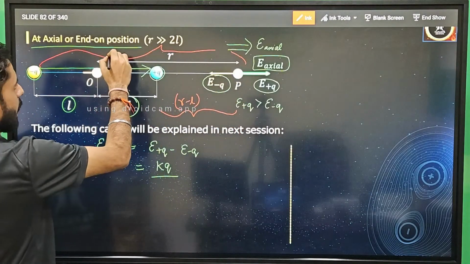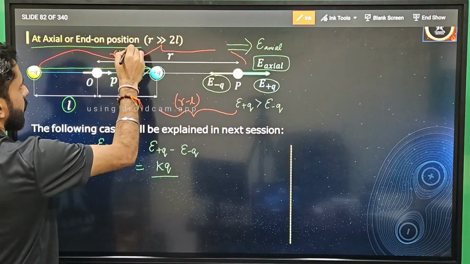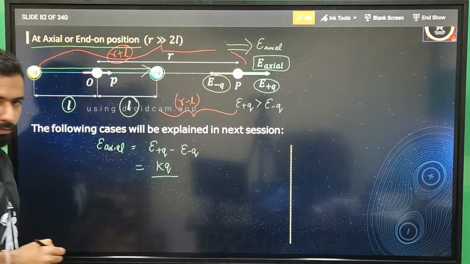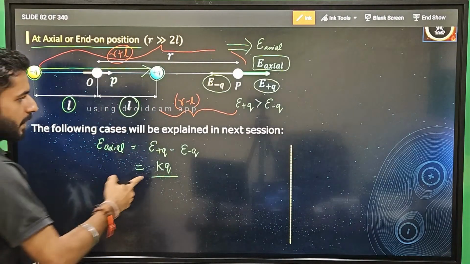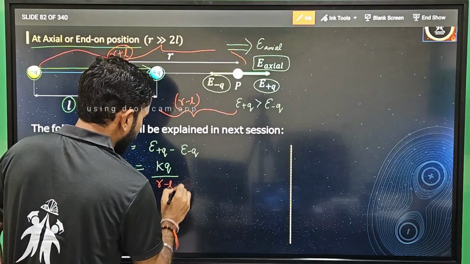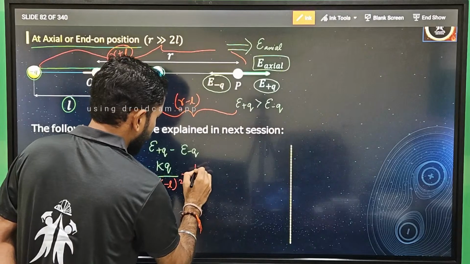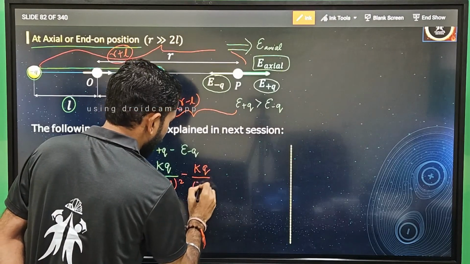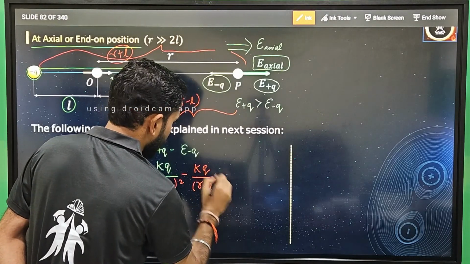This complete is R and this much of the distance is L. That means R plus L. Correct? That means here, if I am writing the impact due to plus Q, I will write KQ divided by R minus L whole square minus KQ divided by R plus L whole square.